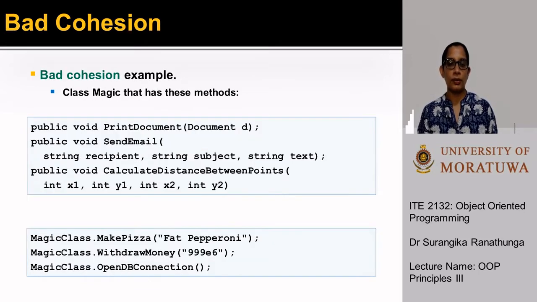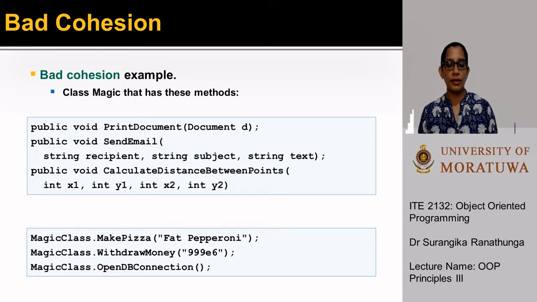Here's a hypothetical example, a silly class that has very bad cohesion. What's the problem with this class? What methods does it have? It has a method to print a document, a method to send an email, and a method to calculate the distance between points. And in another class, you can make pizza, withdraw money, and open a database connection.